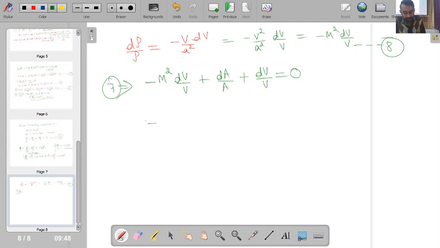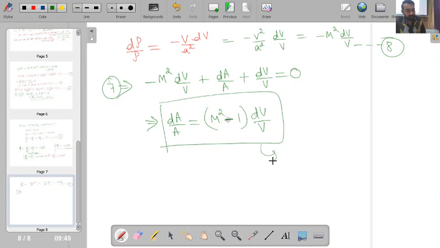From here I get dA by A is equal to M square minus 1 into dv by v. This is the important relation known as the area velocity relation.